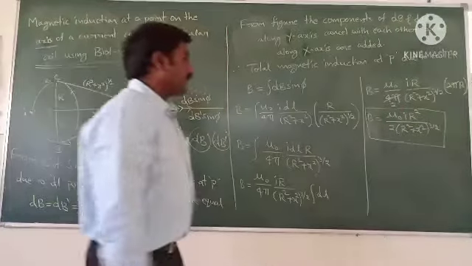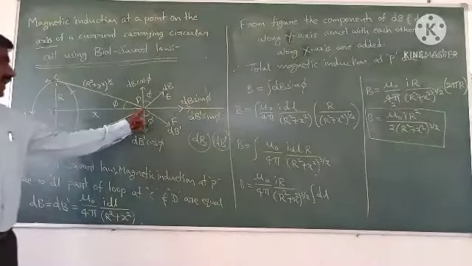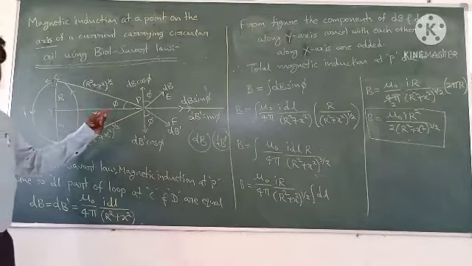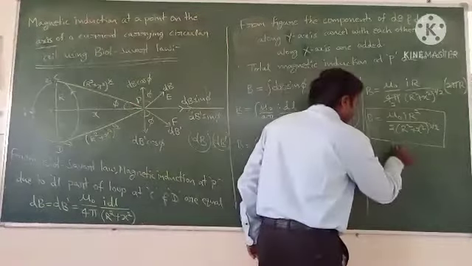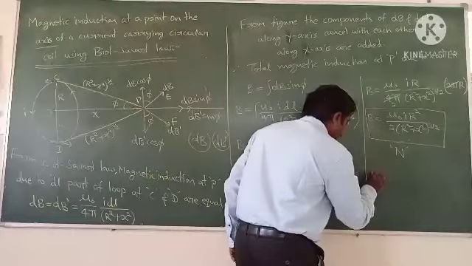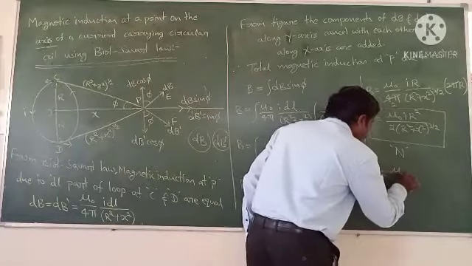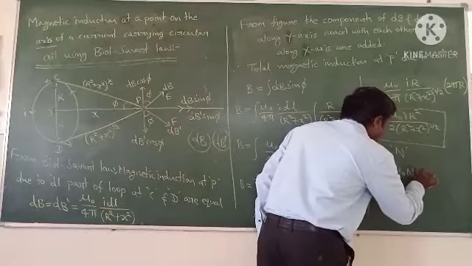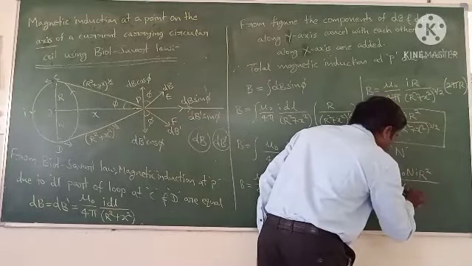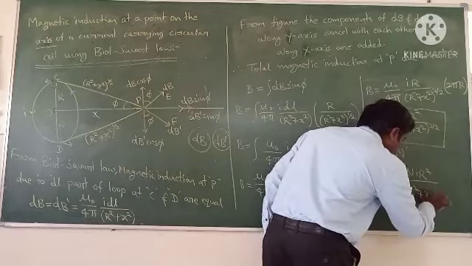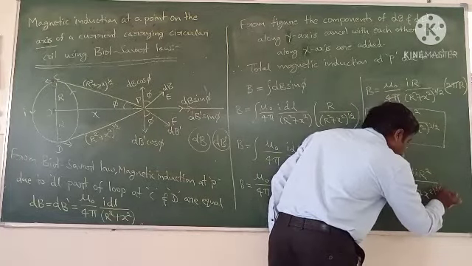So this is the magnetic induction at a point P on the axis of a circular coil which consists of only one turn. If the coil consists of n number of turns, then the magnetic induction B equals mu naught n I r square by 2 into r square plus x square whole power 3 by 2.